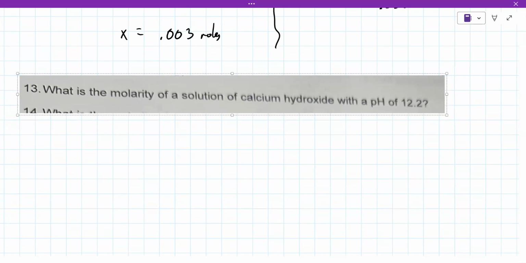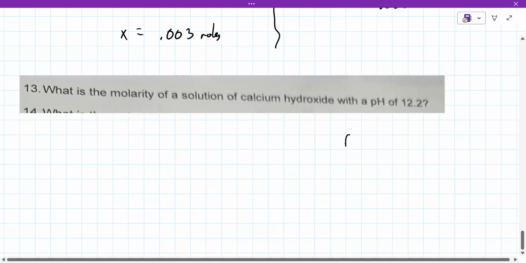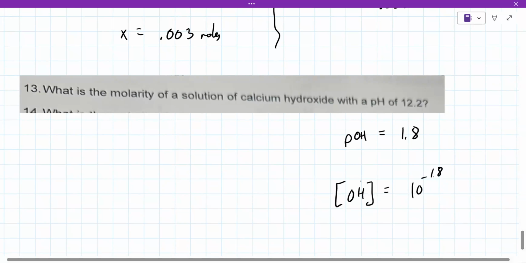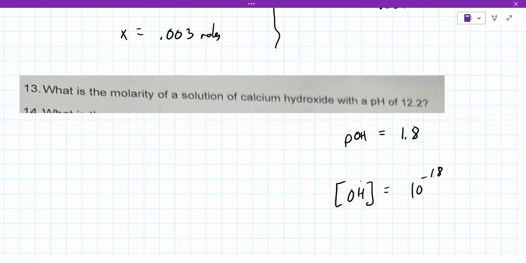So that means the pOH is 1.8. And then the concentration of OH or H3O plus is 10 to the minus 1.8. But we're not using this Ka value either.